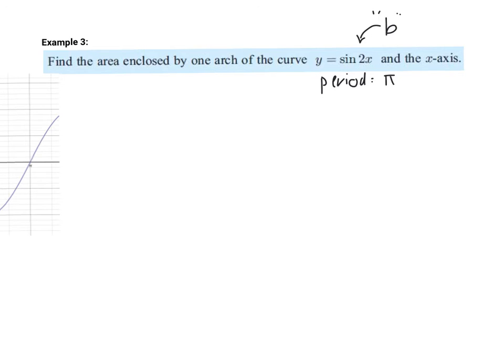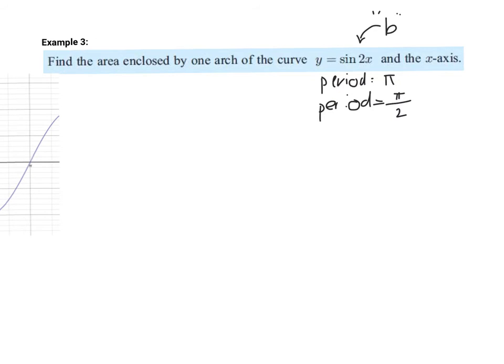Our b value told us about our horizontal stretch. So what we need to do here in order to find the period of sine 2x is divide our period by b. So our new period is going to be, so the period of sine 2x is pi over 2.